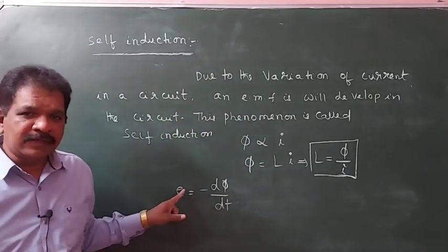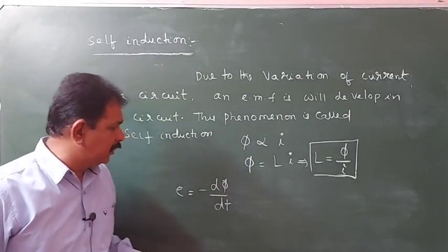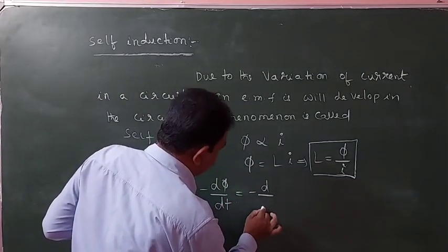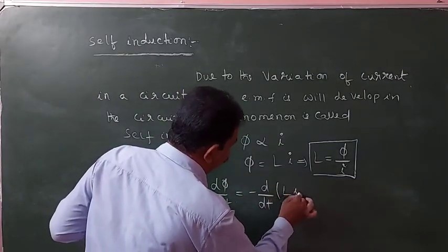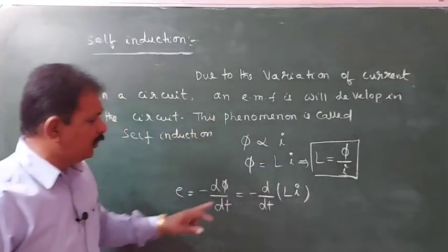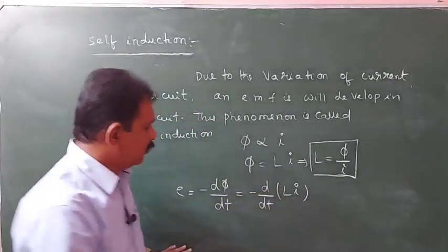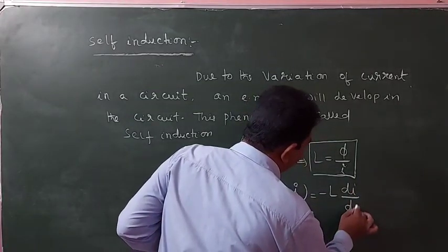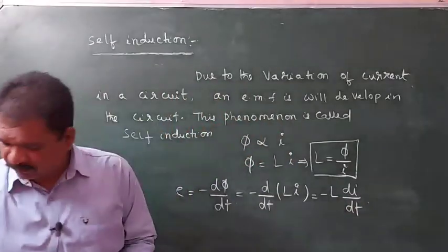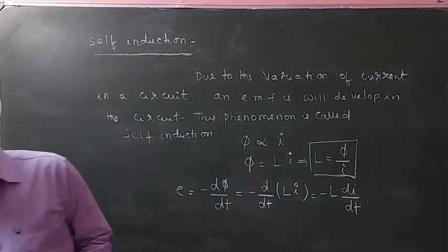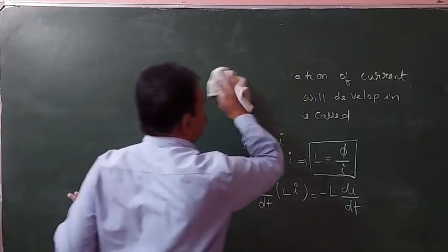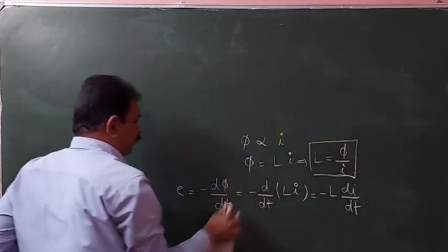We know Faraday's law, E is equal to minus d phi by dt. So this is equal to minus d by dt of phi, which is L into I. So this value is minus L into di by dt. From this, what is the L value? The negative sign indicates the EMF is opposite.